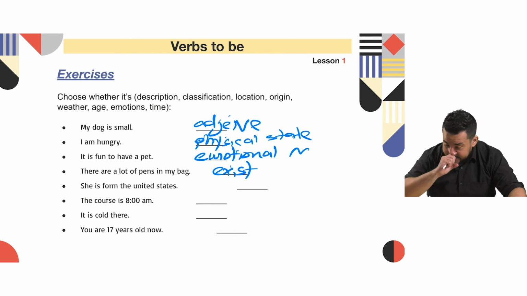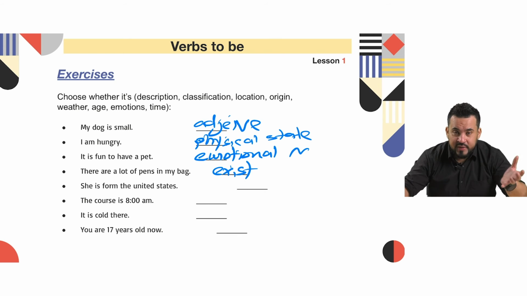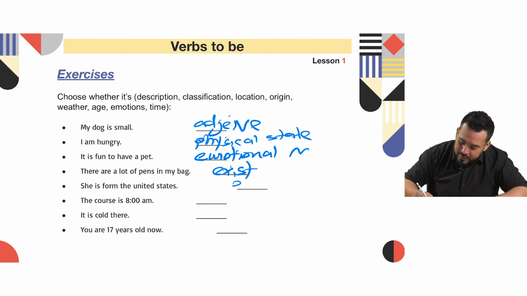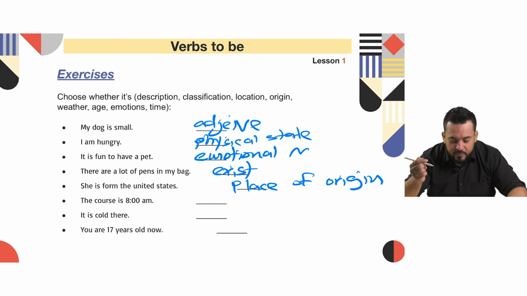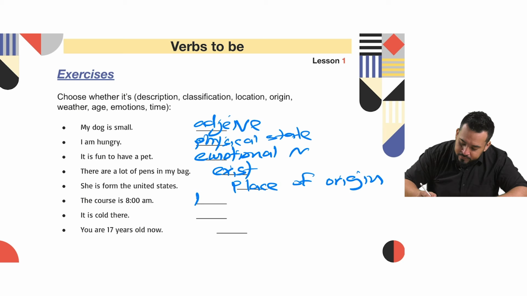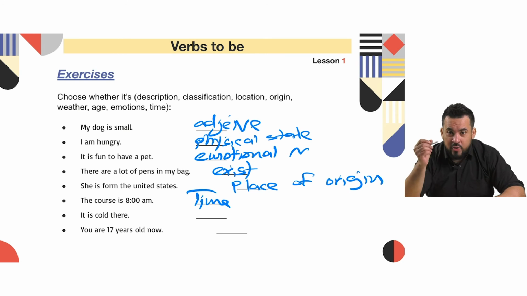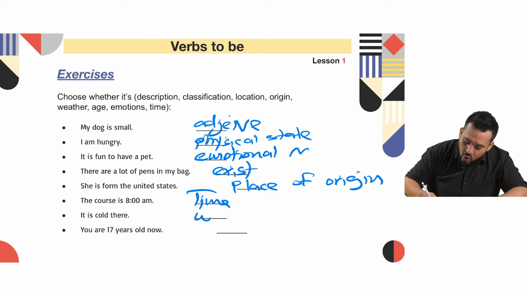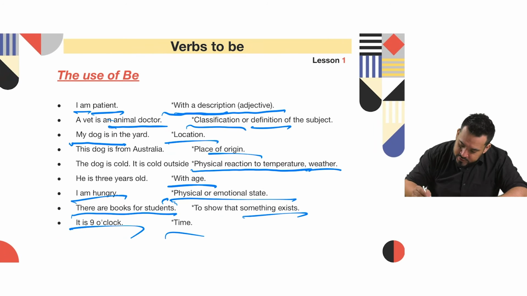She is from the United States. Origin, that's where she's from. Place of origin. It means that's where you come from. The course is at 8 a.m. Time. It is cold there. Of course, temperature, all right.